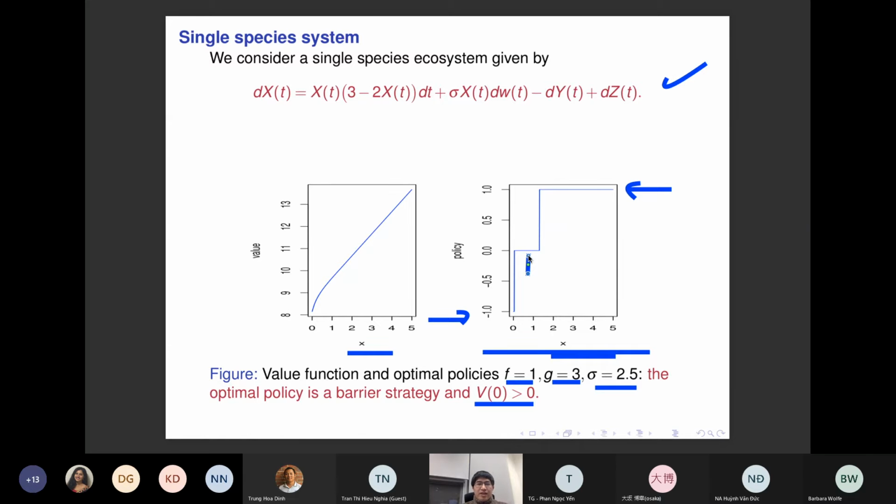So if we start with an ecosystem like this, then eventually we'll keep the population between, say, L and U. L is the lower bound and U is the upper bound. If the population is smaller than L, then we will add. And if the population is higher than U, then we harvest. And this is what we observe for the single species ecosystem.